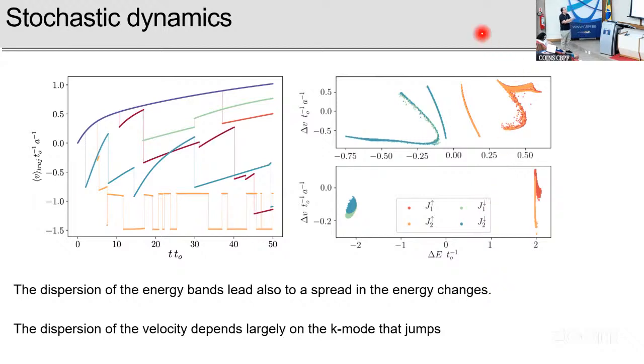If you change picture, but I don't want to discuss details of this, these 4 colors are different processes, and you may have bands which have a larger dispersion, so the energy change may be wide, but this may lead to more complex behavior in the velocity jumps.